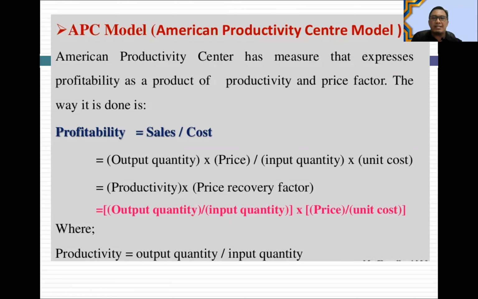The American Productivity Center has measured that express profitability as a product of productivity and price factors. So according to APC, there is a relation between productivity and profitability, where profitability is a product of productivity and price factors.